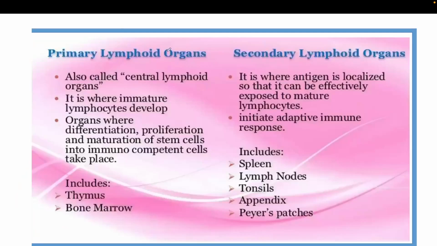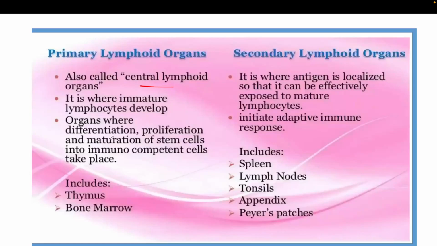For the development of these T and B cells, there are different organs in our body where the development takes place. The first one is the primary lymphoid organ. What is the primary lymphoid organ? It is the central lymphoid organ, where the immature lymphocyte develops.